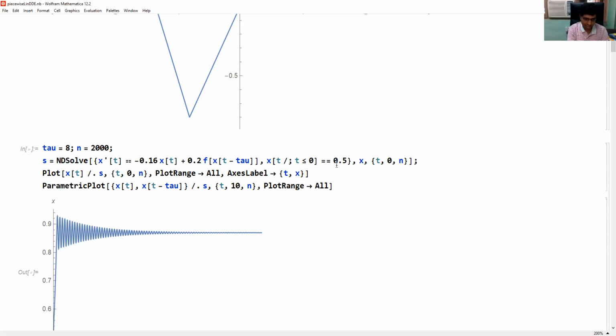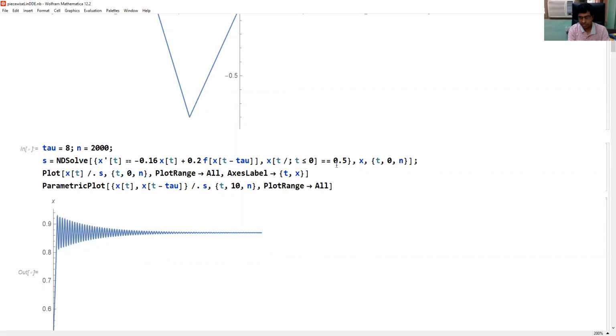So what we have seen is that there are three equilibrium points. One is 0, x1 star; x2 star is minus 0.87; x3 star is 0.87.